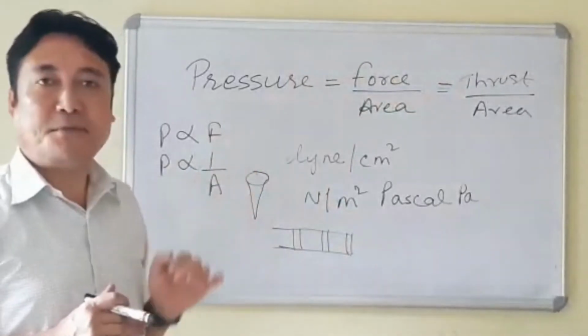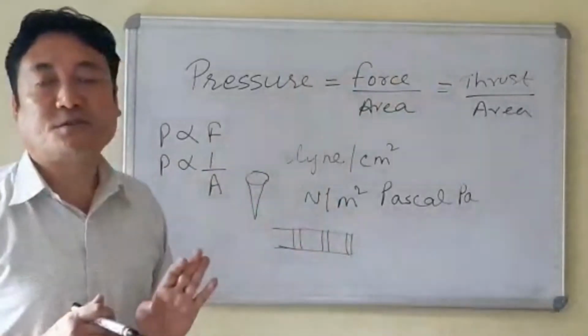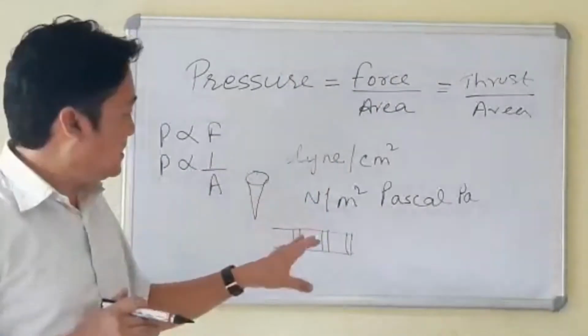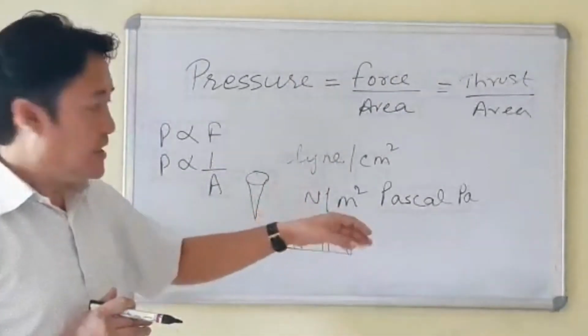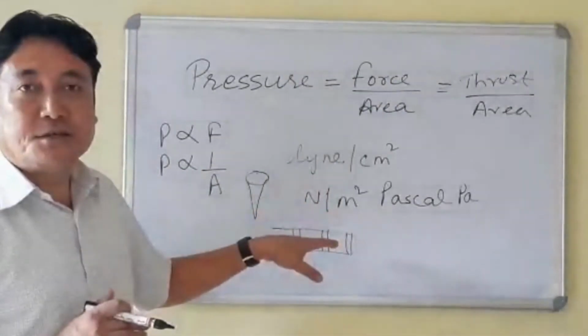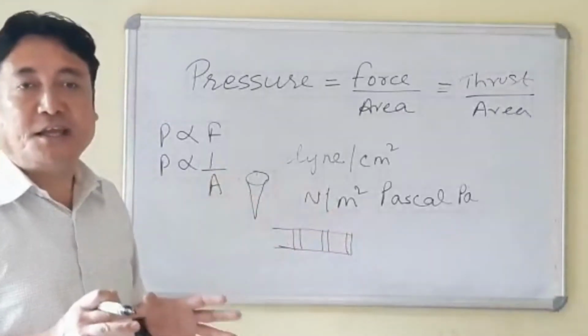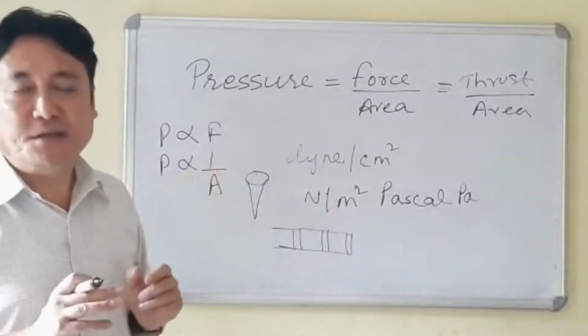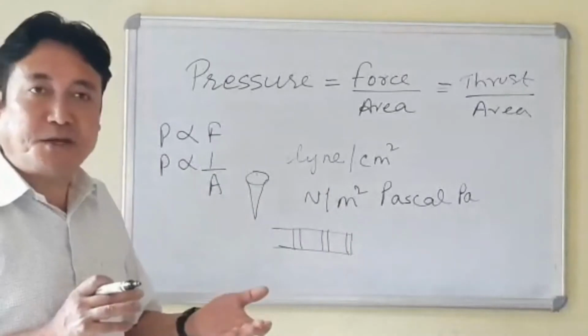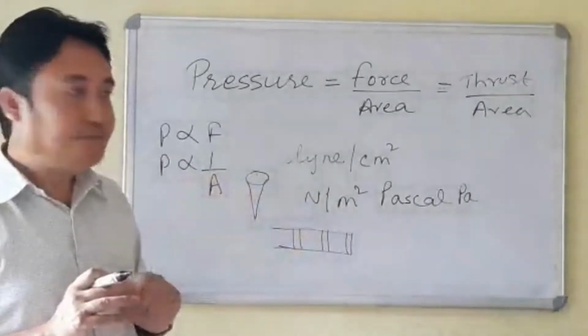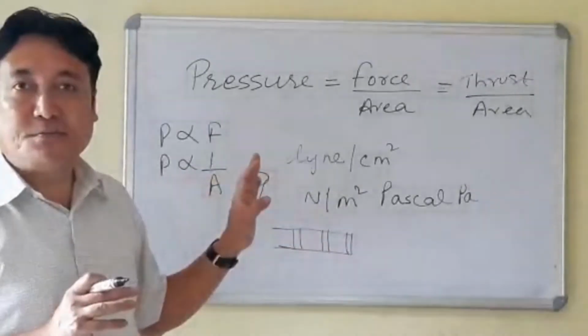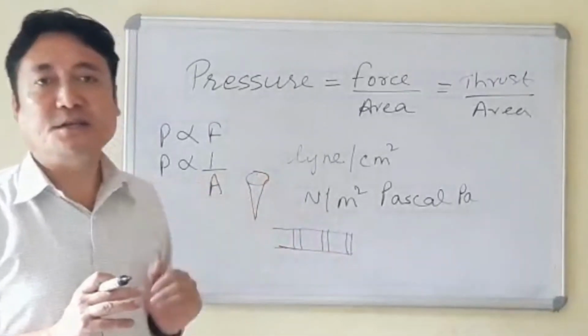You can see them below the railway track; we call them sleepers. Why are they placed there? In order to increase the surface area. The surface area between the railway track and the wooden sleepers increases, and therefore the pressure can be reduced. So to reduce the pressure, the wooden sleepers are placed just below the railway track.